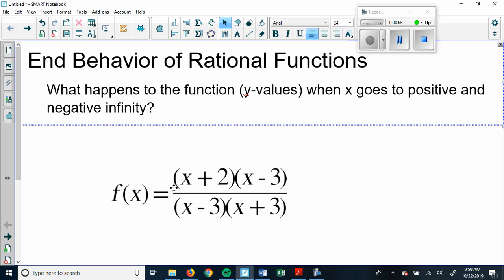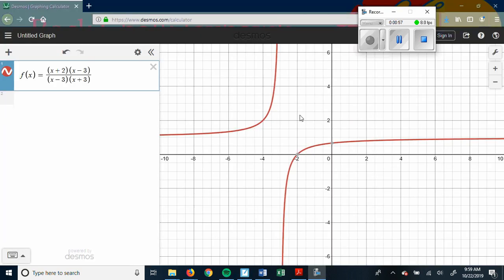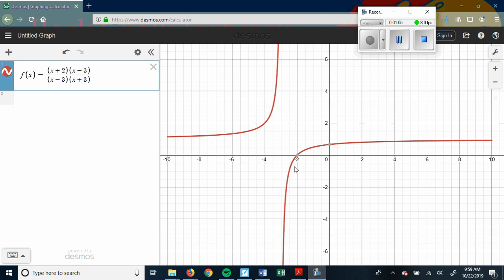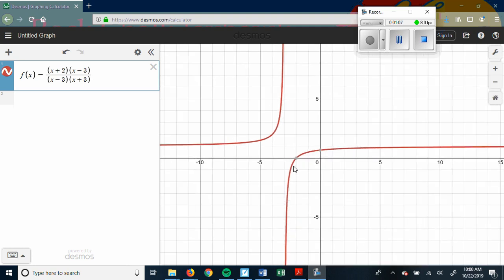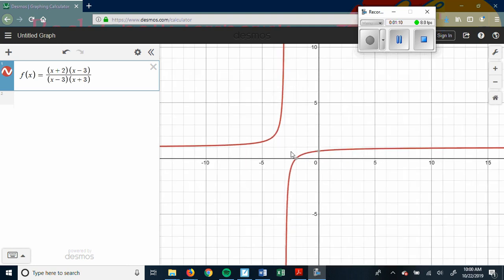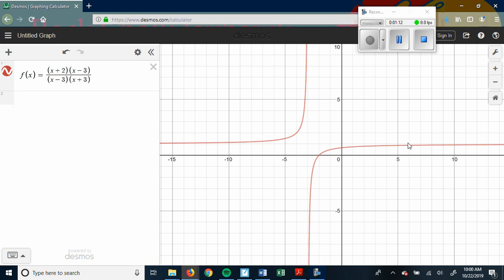So let's take a look at the graph. Here we see the graph. Keep in mind that when x gets big, it's over here and over here. If we zoom out a little bit, you can see it starts to level off, and what we have is what we call a horizontal asymptote.